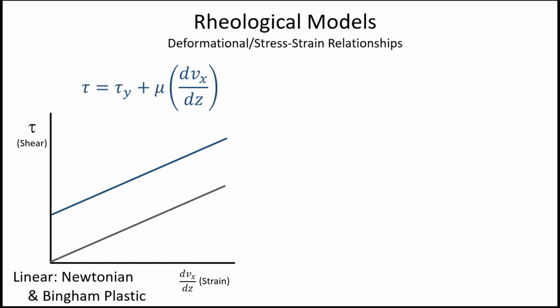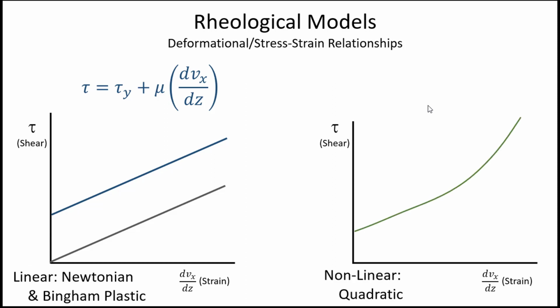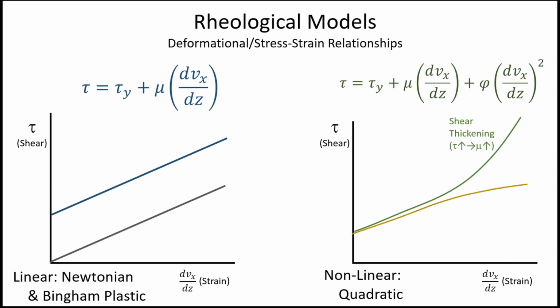But a fluid or a material doesn't necessarily have to have a linear stress-strain relationship, and often these debris flows don't. And so they can be nonlinear. In fact, they could be quadratic, which we call shear thickening. The idea behind a convex nonlinear stress-strain relationship is that as the shear increases, the viscosity increases more.